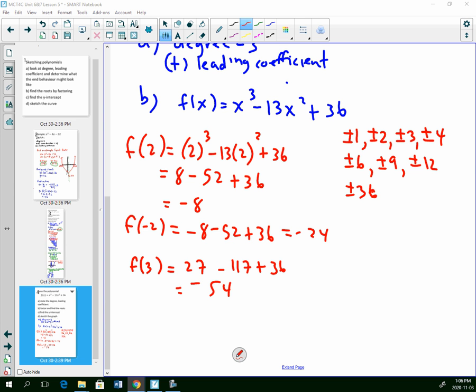Just one second. Just want to make sure it's factorable. Sometimes I write down questions that are given and they're not factorable or they're decimal.